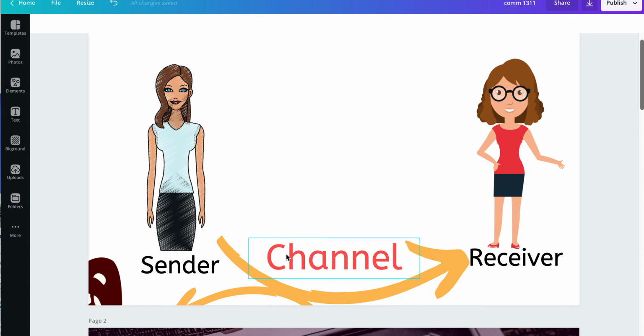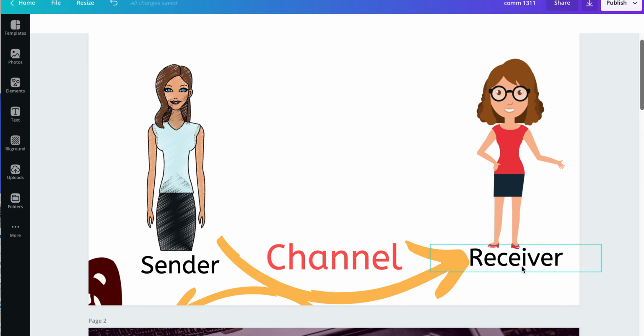This can also take place in an email or text message or whatever as well. So that is a channel. It can be in person, it can be electronic, it can be almost anything, but a channel is the way in which the sender sends a message to the receiver. So you have the person who is communicating and the person who receives the communication.